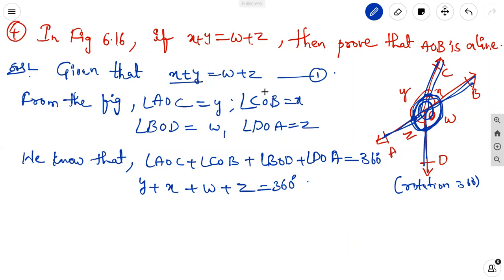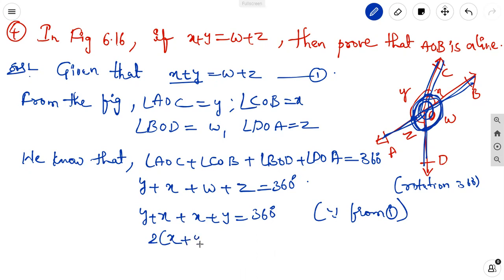So x plus y plus x plus y is equal to 360 degrees. Why? Because from equation 1. Here 2x and 2y, that is 2 into (x plus y) equal to 360 degrees. From this, x plus y is equal to 360 degrees by 2, that is equal to 180 degrees.